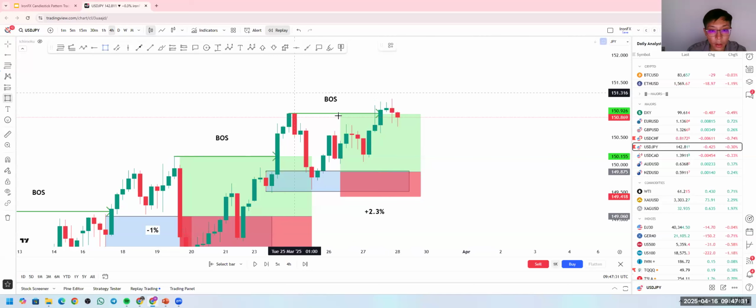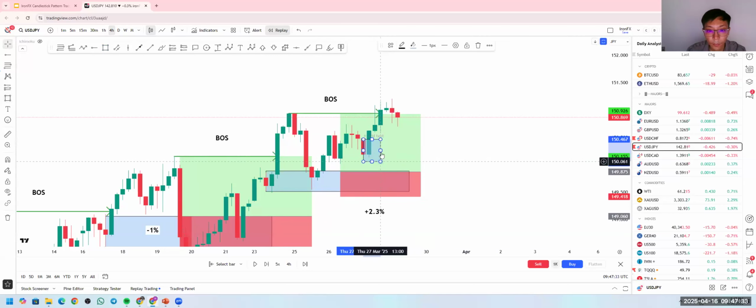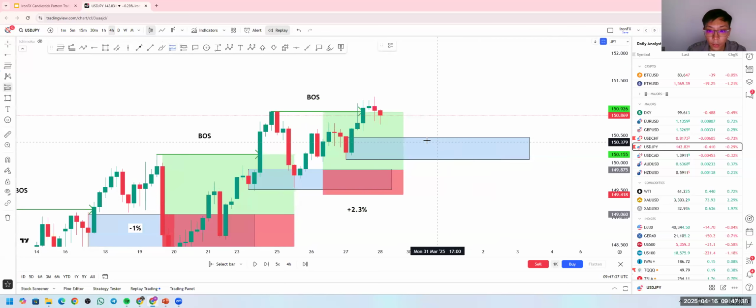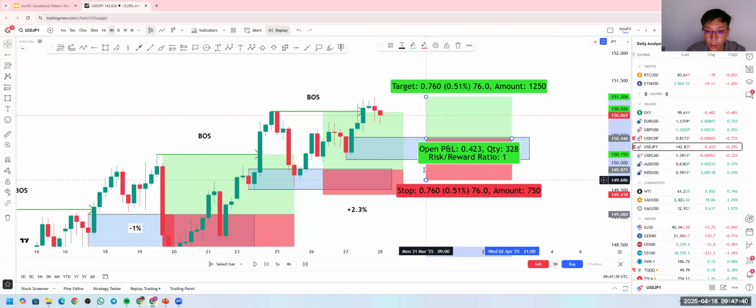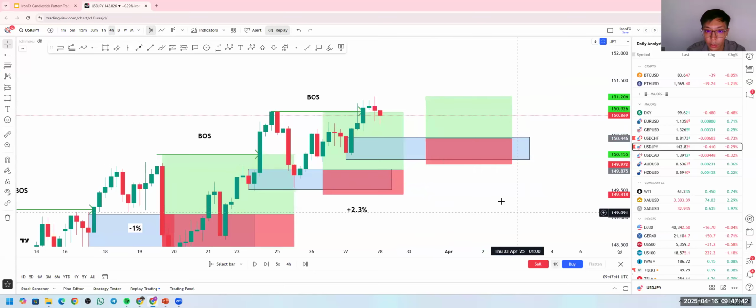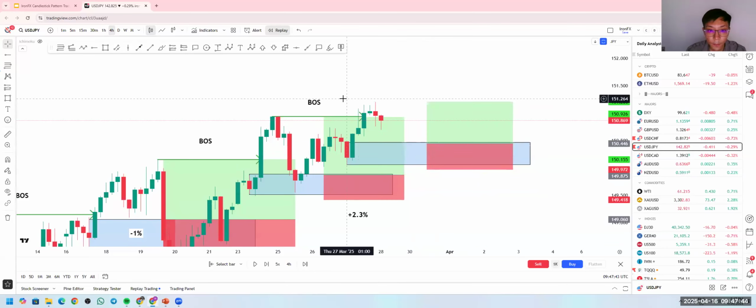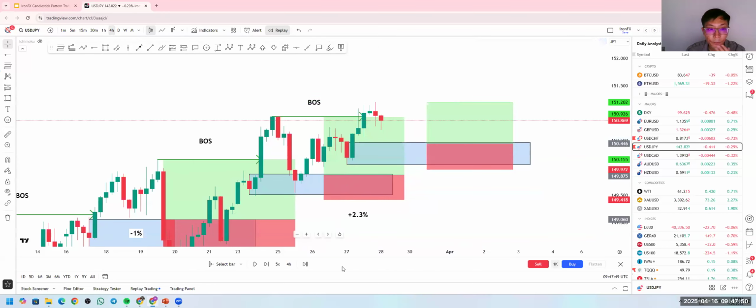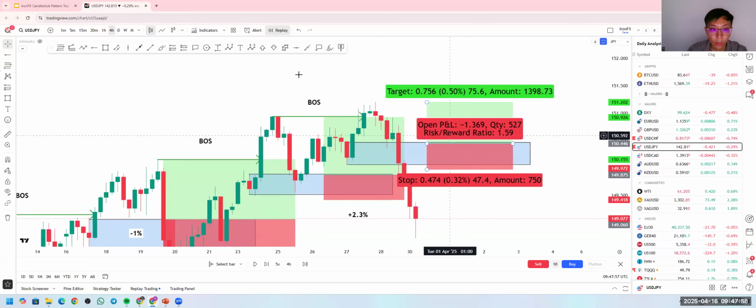So what's next? Same thing: enter the buys, stop loss placed below here. Target this high. Then here we are down 1%.